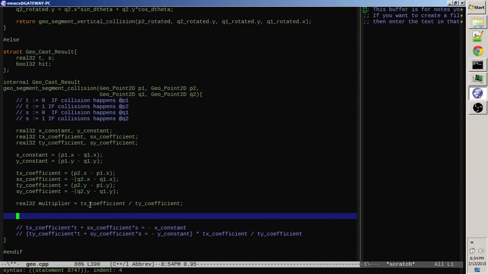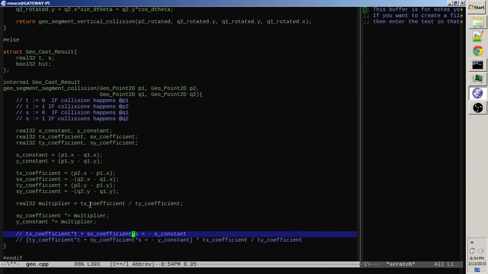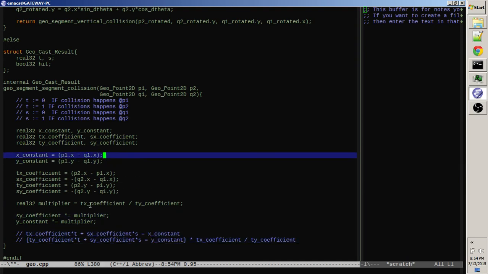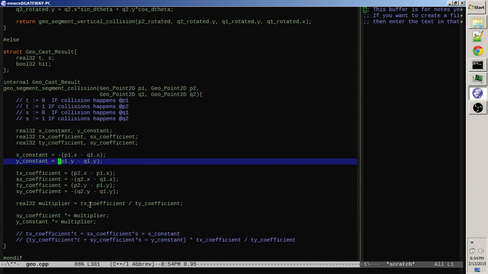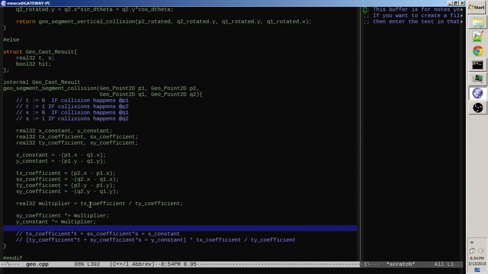It's going to become equal to tx coefficient, then when we do the subtraction it'll become 0. So we'll take these. This gets multiplied by the multiplier, and y constant, that gets multiplied by the multiplier. Now what I want to do is remove these negatives, because that's not fun to have floating there. So let's make those negatives and pop these negatives up here. There we go. We multiplied both of those.